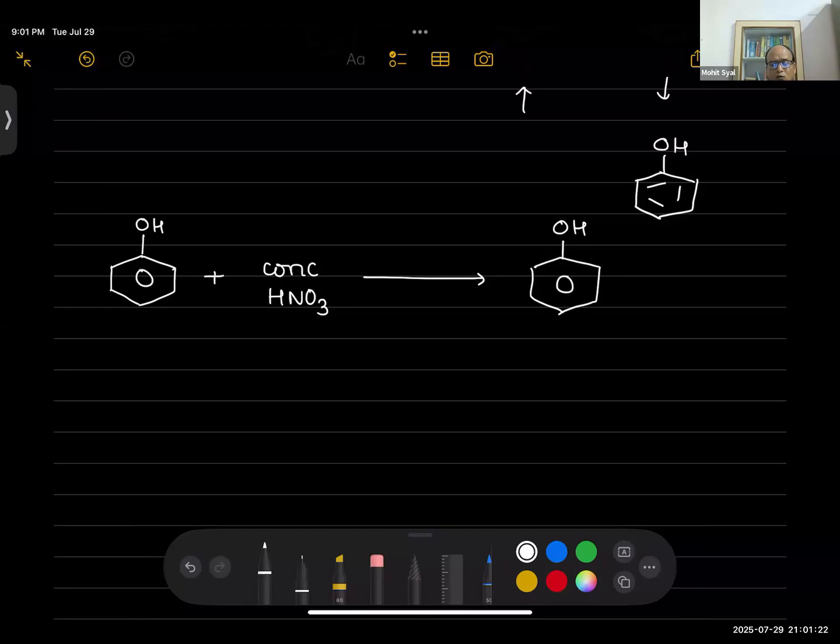It is 2, this is the second carbon if you start from OH, 2, 4, and 6 trinitrophenol.